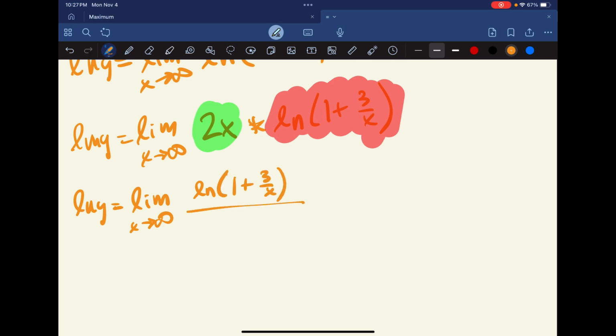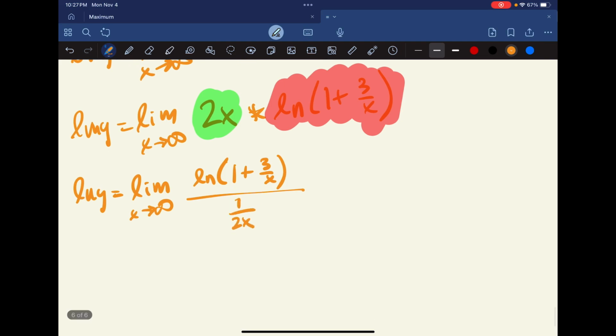And then this 2x becomes 2x to the negative 1, right? So that becomes 1 over 2x in the denominator. Actually, this would be easier to leave as 2x to the negative 1.